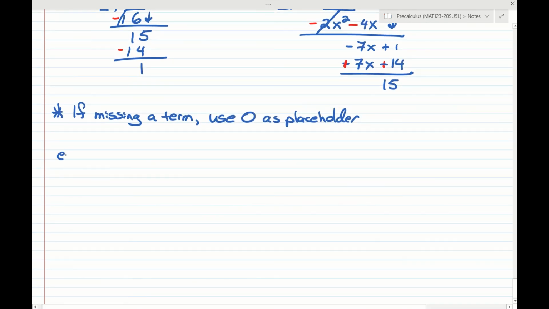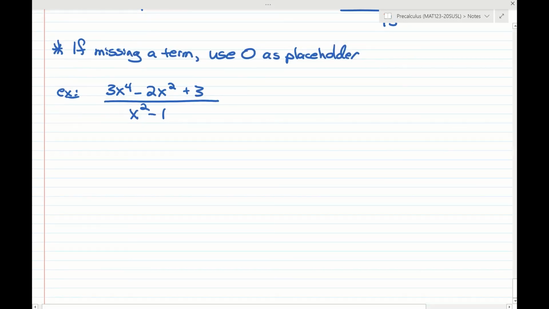So if I was going to ask you to do 3x to the 4th minus 2x squared plus 3, and we're dividing by x squared minus 1. Let's write it out. But you can see that we are missing some terms.